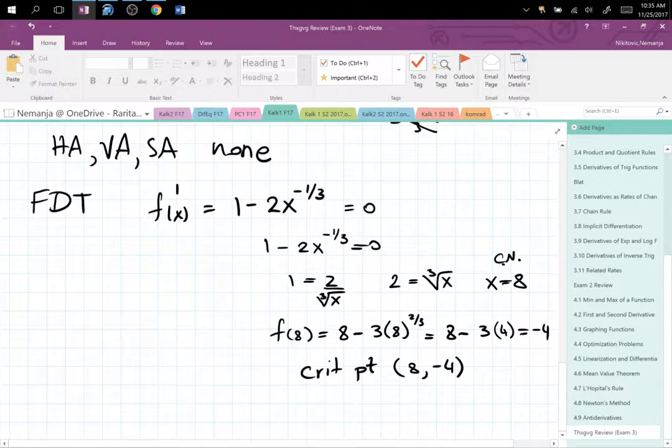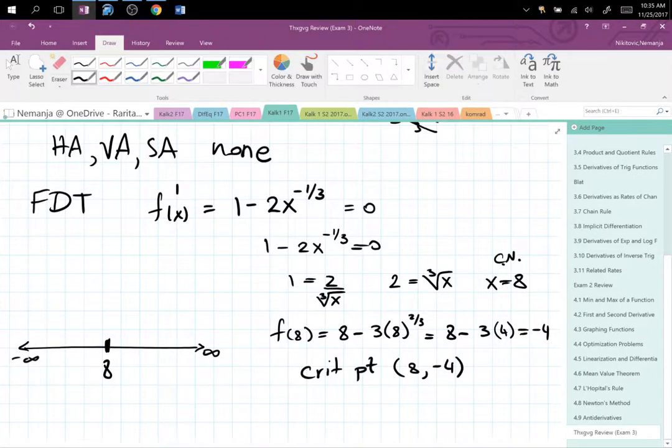We do the partitioning. We are on infinite domain, from negative infinity to positive infinity. We have no vertical asymptotes, and we have one critical point at 8. So we are to pick 2 test points and check them in the derivative. Clearly, my test points are going to be the points that I can easily compute. So I want the cube roots.